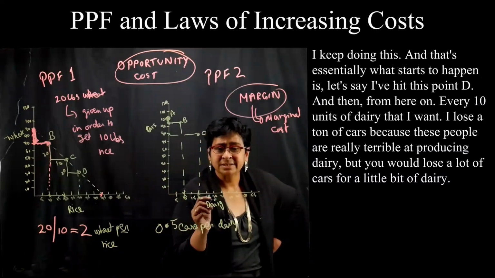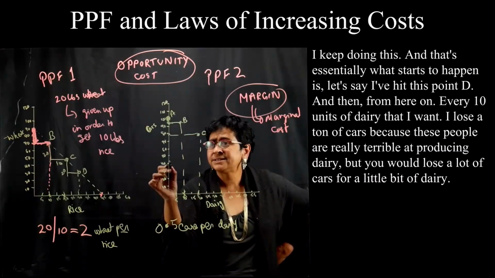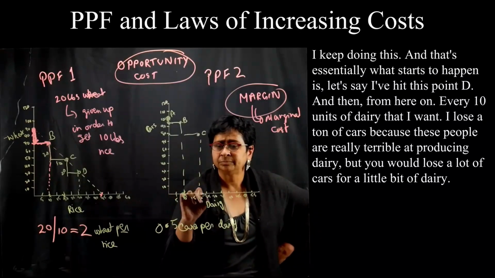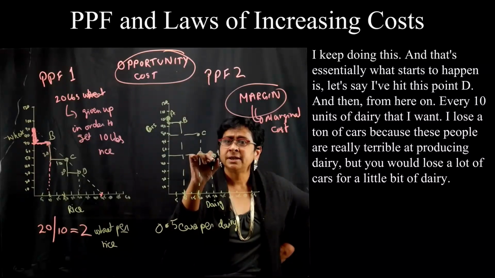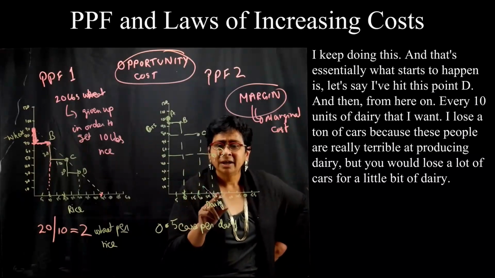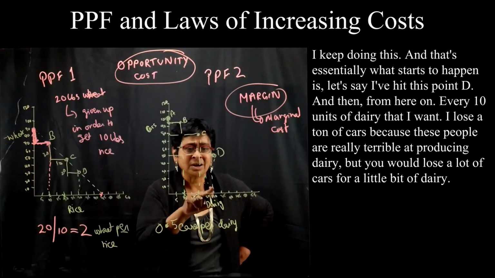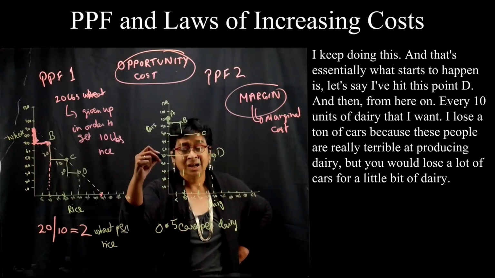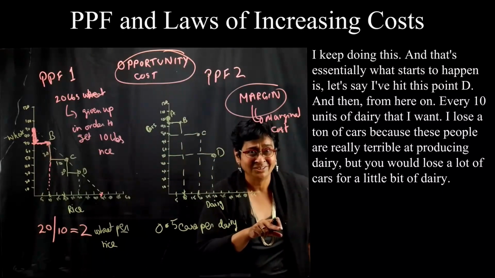I keep doing this. And then essentially what starts to happen is, let's say I've hit this point D, and then from here on, for every 10 units of dairy that I want, I lose a ton of cars because these people are really terrible at producing dairy.